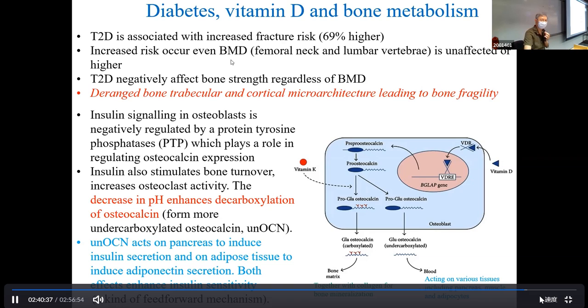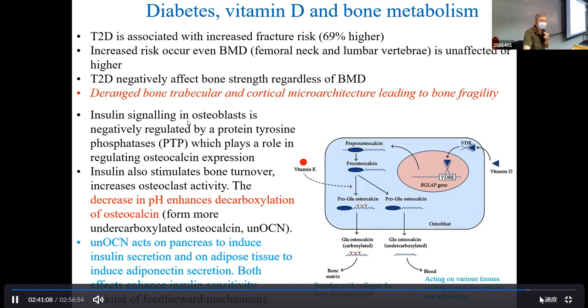Increased risk occurs even when the bone mineral density is normal or even higher. T2D negatively affects bone strength regardless of bone mineral density. So somehow the diabetic situation decreases the rigidity of the bone, rendering it easier to break.